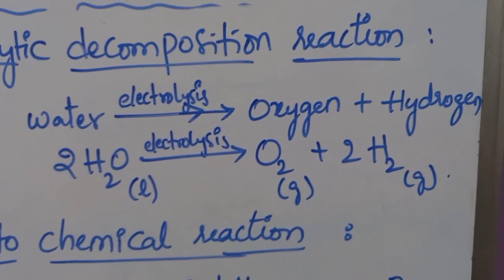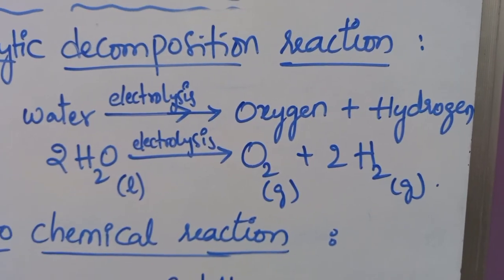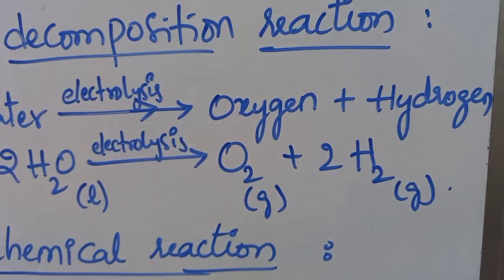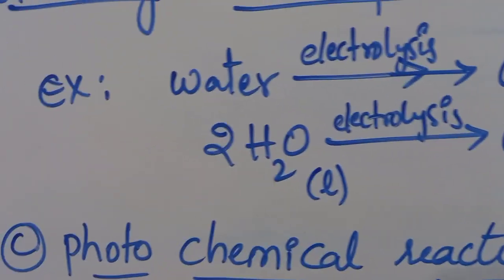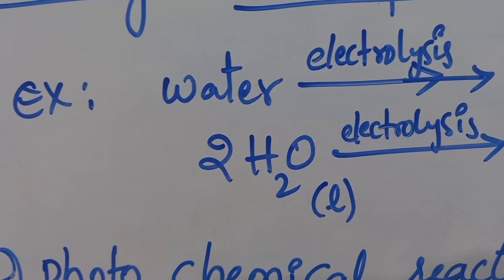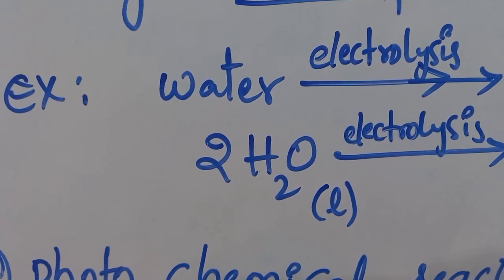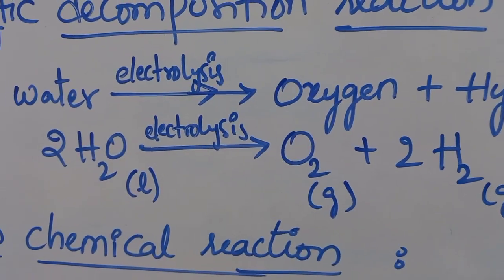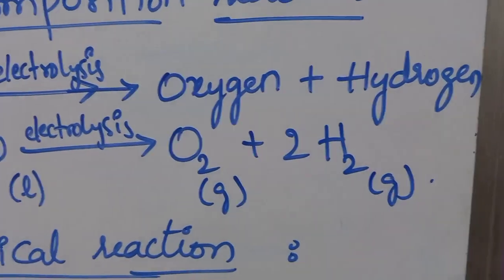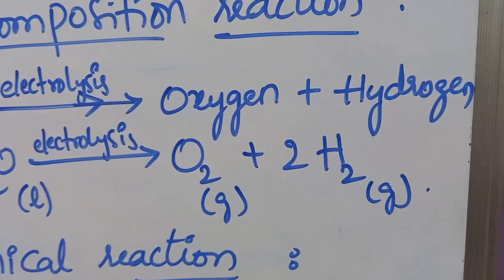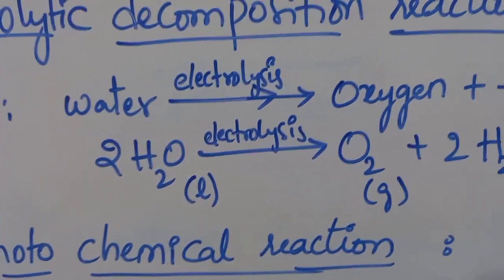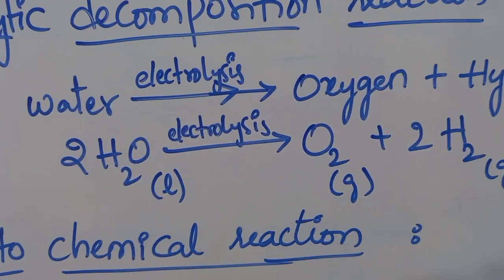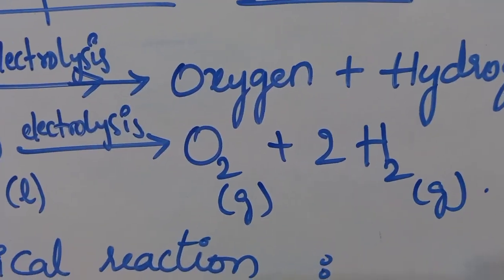And what products do we get when the water molecule undergoes decomposition? We get oxygen and hydrogen, because water contains two elements, H and O. Its formula is H2O, so on passing electricity it can divide into these two elements again. We can write it as 2H2O gives rise to O2 plus 2H2.